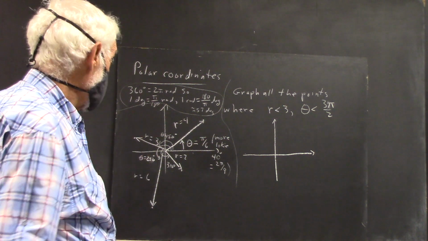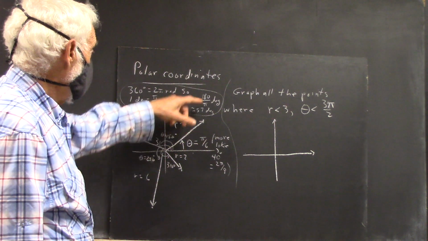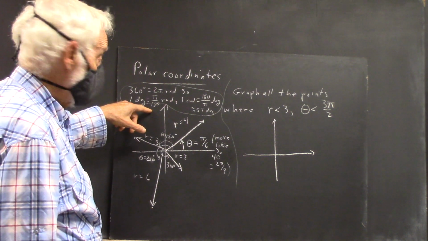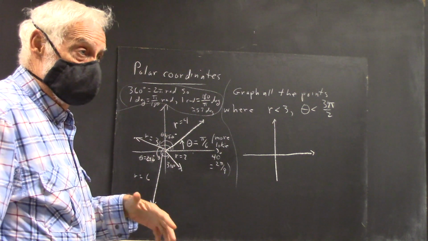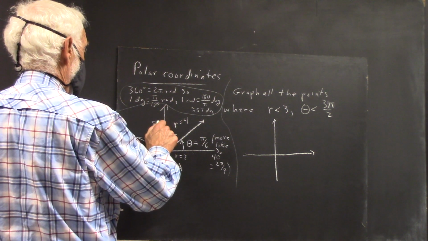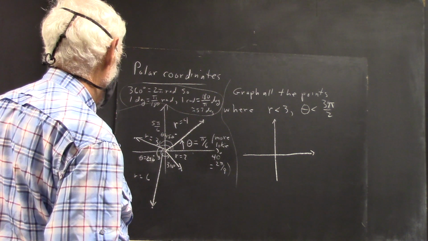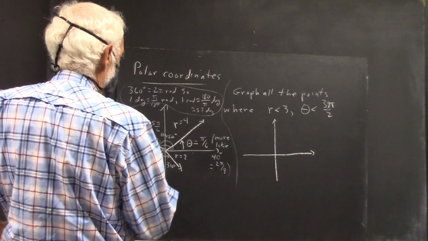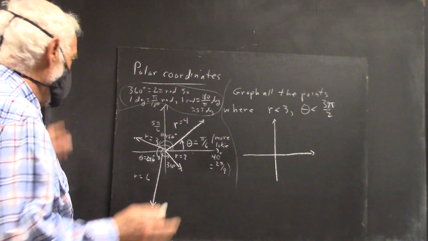Now in radians, you could convert these to radians. Not hard. You just multiply the degrees by the radians per degree. Because that's what this is. And 150 over 180 is 5/6, right? So that would be 5/6 of pi, sorry.